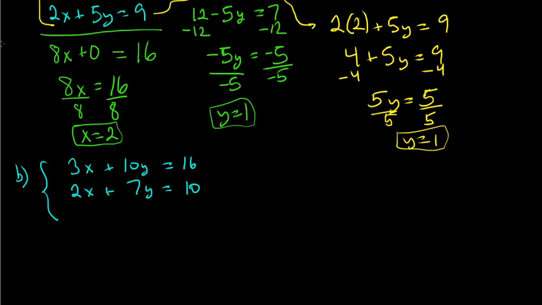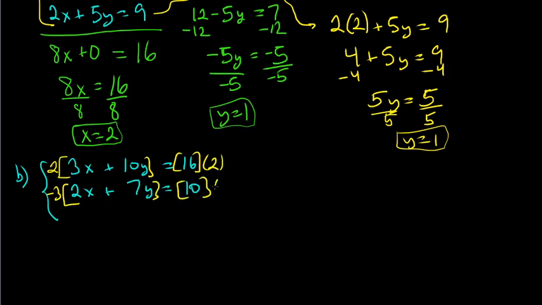Right, so this one's a little trickier because we have to multiply both equations, right, by a non-zero number. And right, in my mind, it's probably easiest to eliminate x, right? You multiply the first equation by 2 on both sides, right? And the bottom equation by -3.